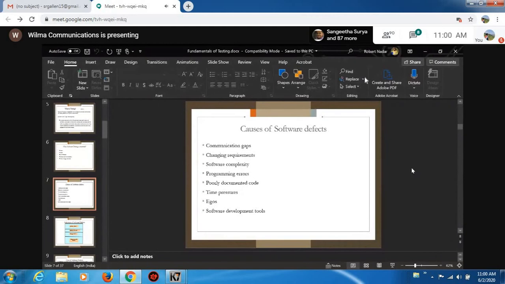Number 4, programming errors. There is a possibility of coding level errors leading to defects. Poorly documented code. Let me change that: instead of code, I can consider every documentation. If you are not maintaining or updating the documents properly, you may expect defects in the application.